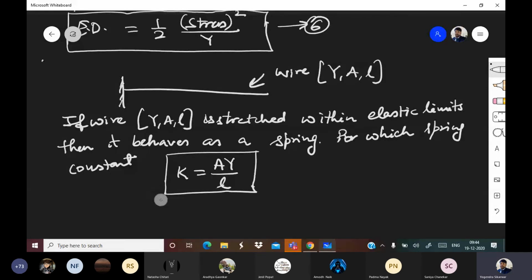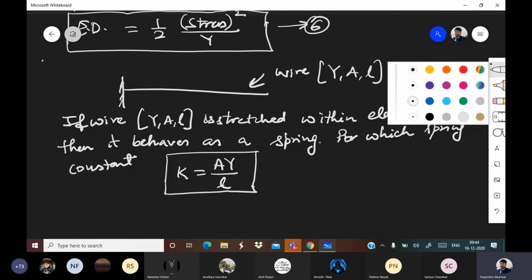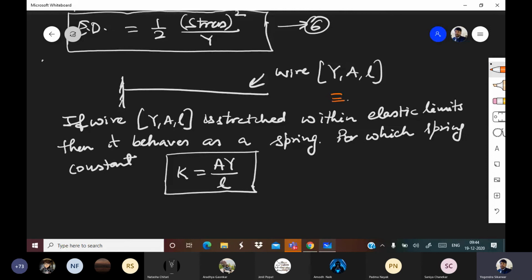So this is how we get the value of K of a spring. So basically what you can do, I am using a different color, you can denote this by a spring K, and K is equal to AY by L. All right.